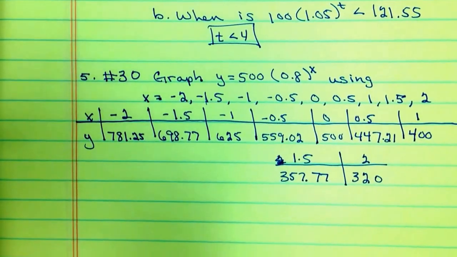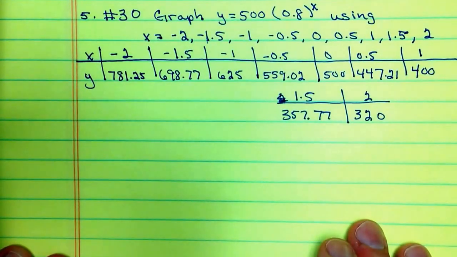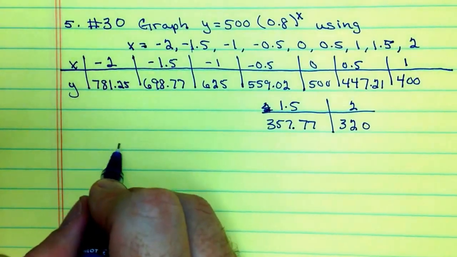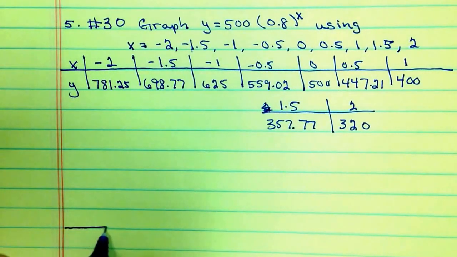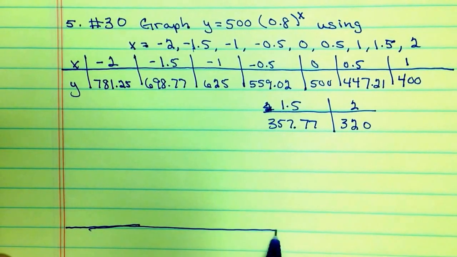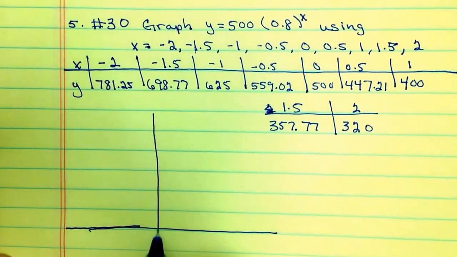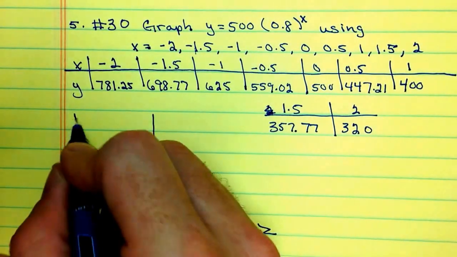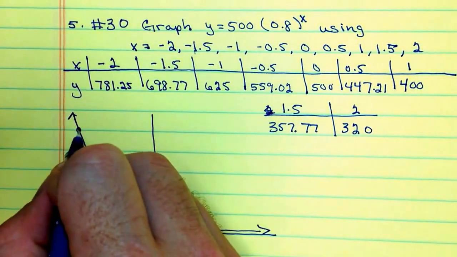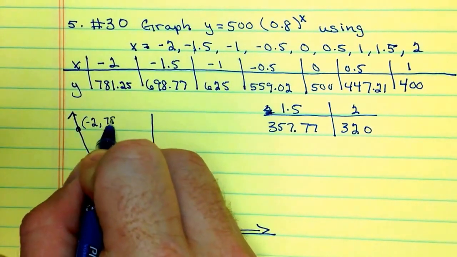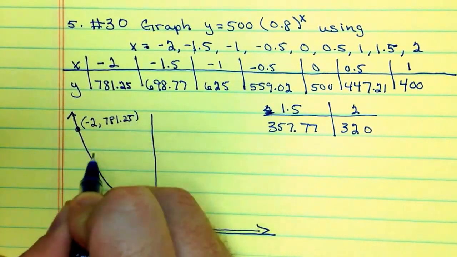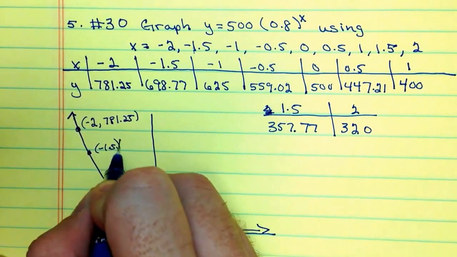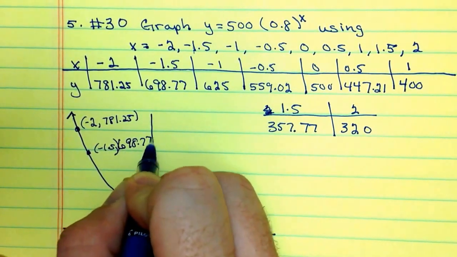Alright, so this is a decreasing function, right? We knew that because the 0.8 is less than 1. So what I'm going to do is just draw a decreasing function. Right? So when we get -2, 781.25, -1.5, 698.77.